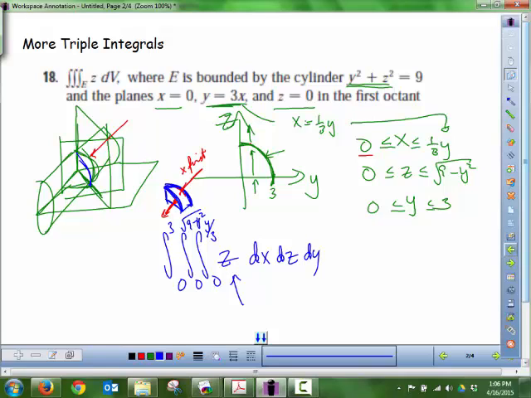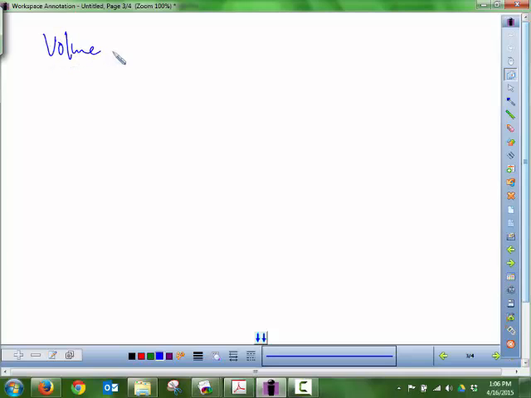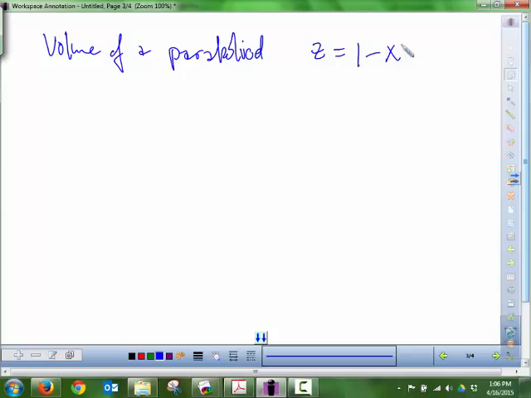All right. Let's do a simple example where we're finding the volume of a paraboloid. I'm going to turn the paraboloid upside down, so I'll say z is equal to 1 minus x squared minus y squared.